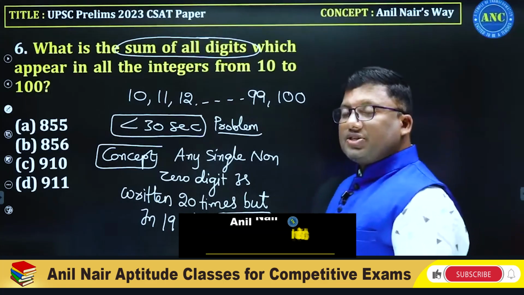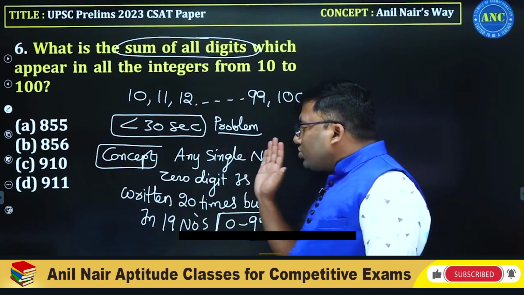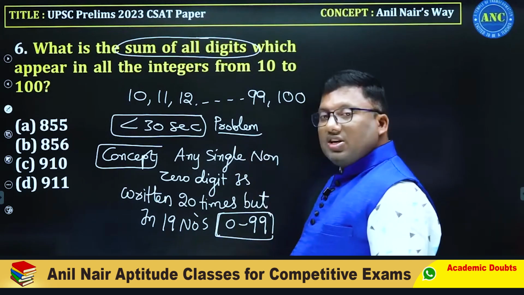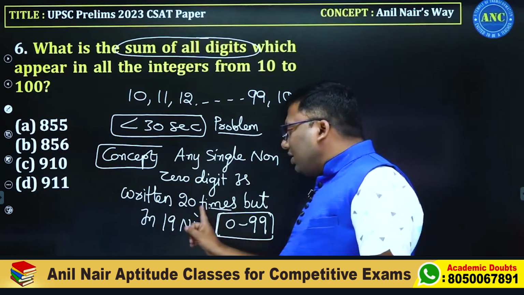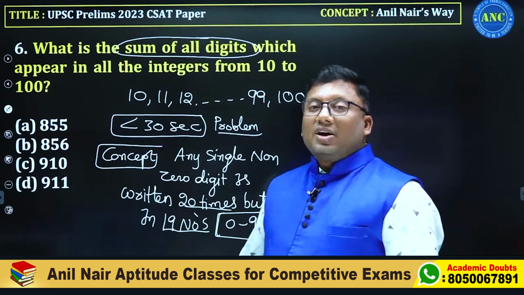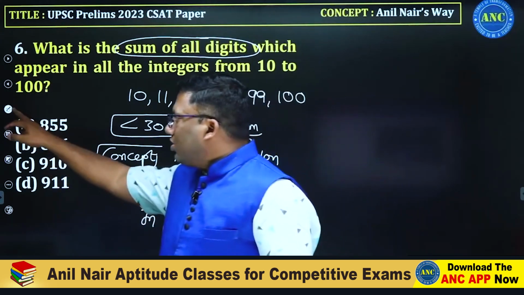First see this concept. I will explain the proof. There is one number where the digit is written 2 times.